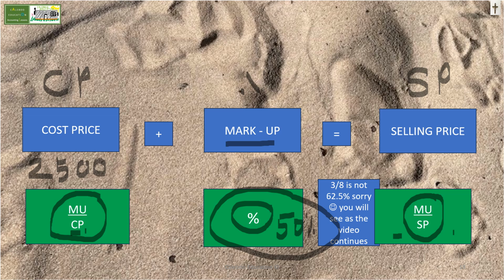The examiner will give you the details and you will have to calculate, most of the time, cost of sales, the cost price, when given the selling price.